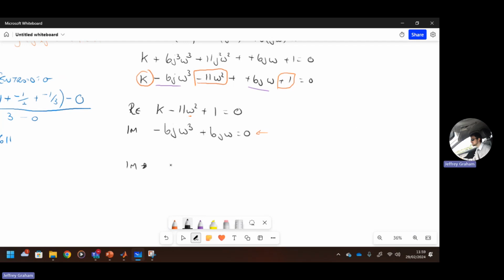Dealing with the imaginary equation, the first thing I'm going to do is divide through by 6j, which leaves us with minus the frequency cubed plus the frequency equals 0. We need a value for this, so what we've got is with factorizing.